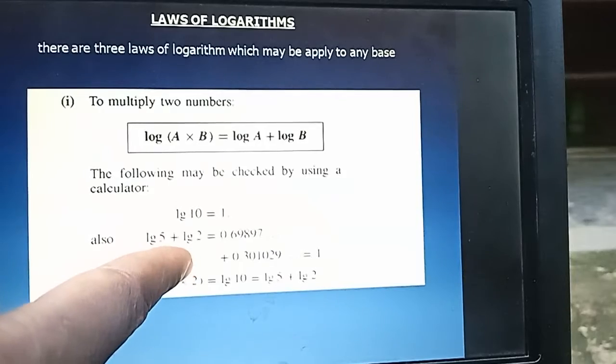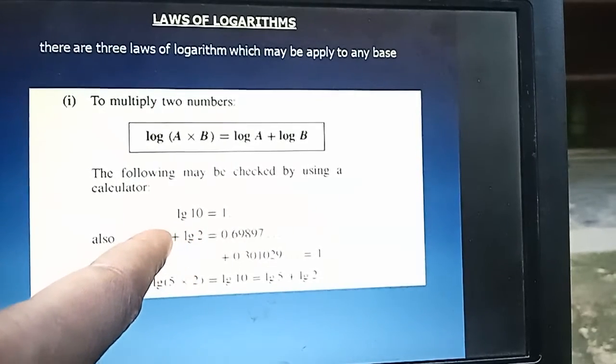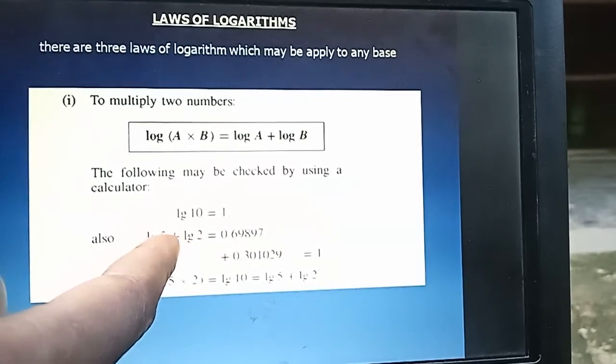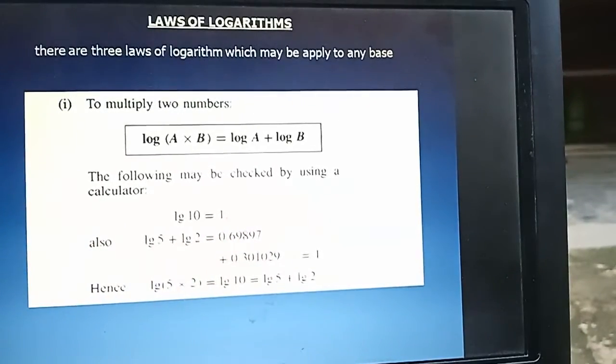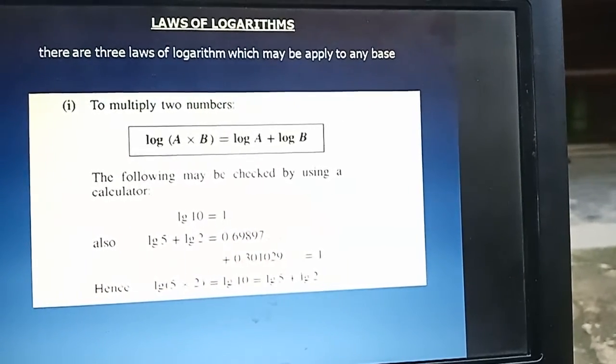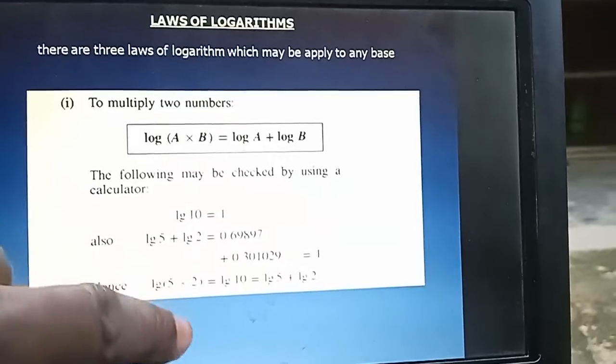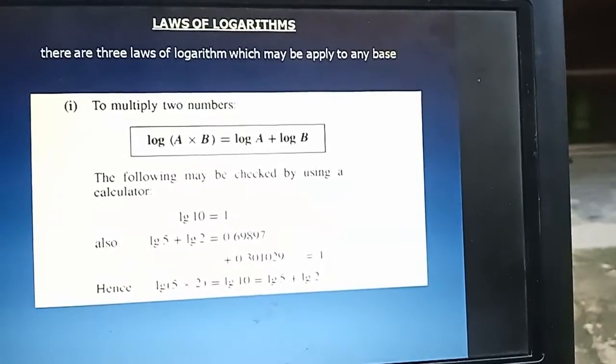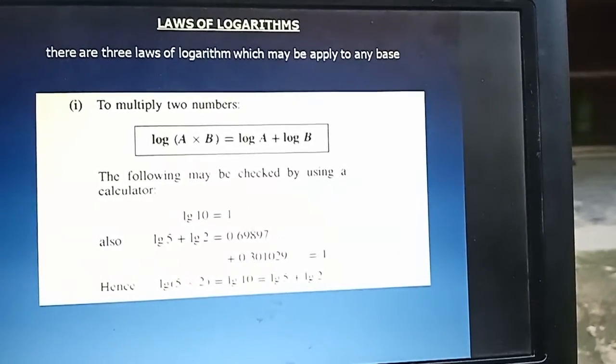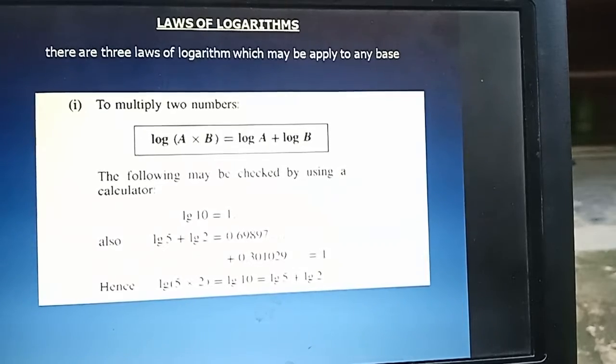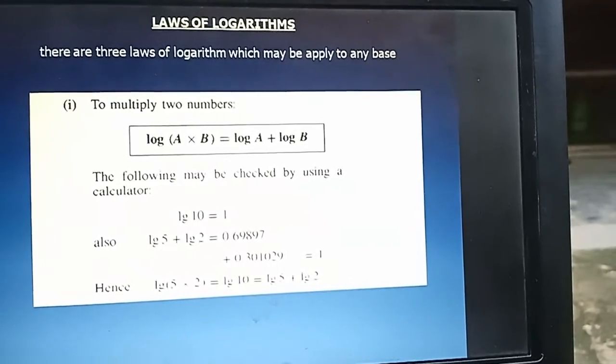When you go to the table and look up log 5, it will give you this, but all are the same. Hence, log of 5 times 2, which is 10, is the same thing as log 5 plus log 2.